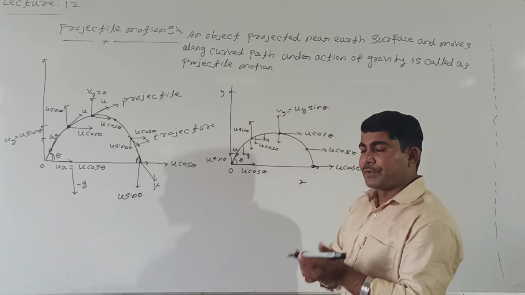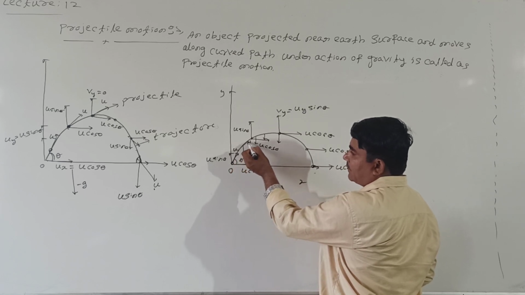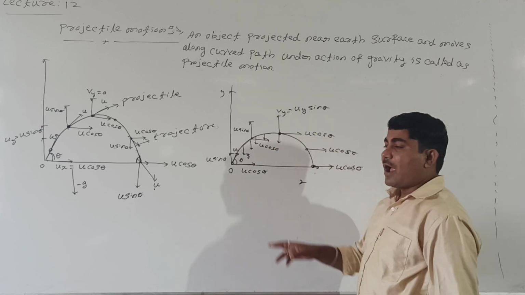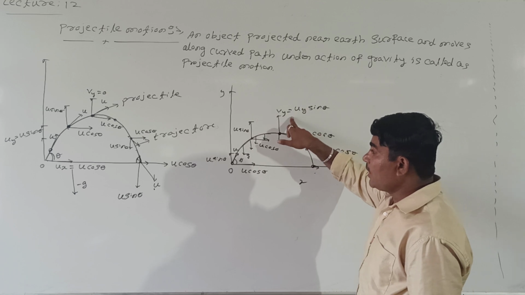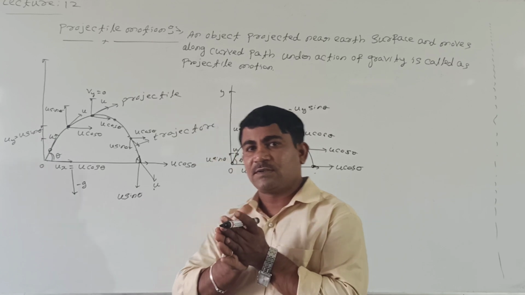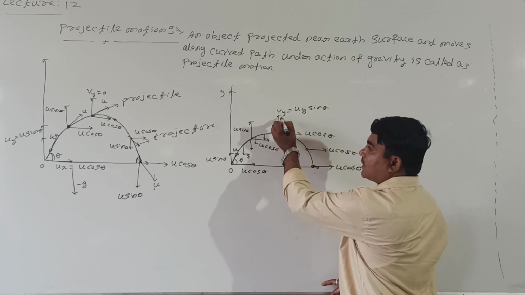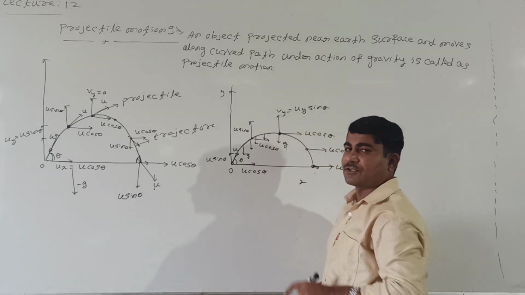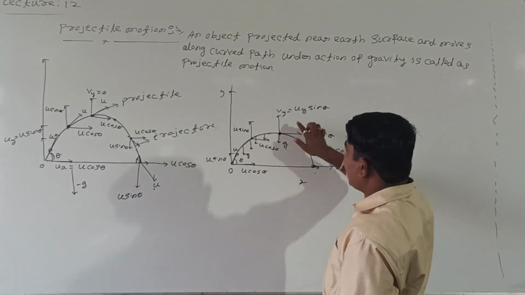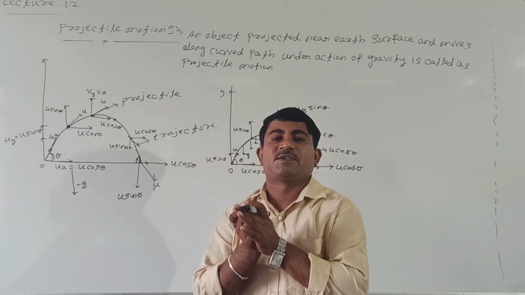Due to acceleration due to gravity, u sin theta gradually decreases, and exactly at the highest point, the final vertical component of the velocity becomes 0, because at the highest point acceleration due to gravity and u sin theta are acting in equal and opposite directions. At the highest point, the final vertical velocity of the projectile becomes 0.